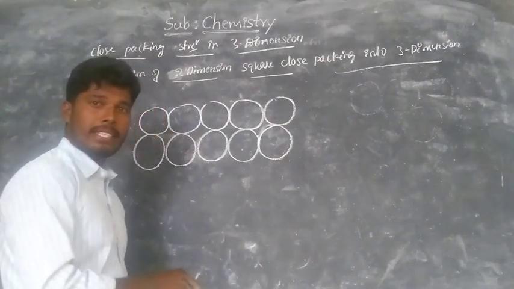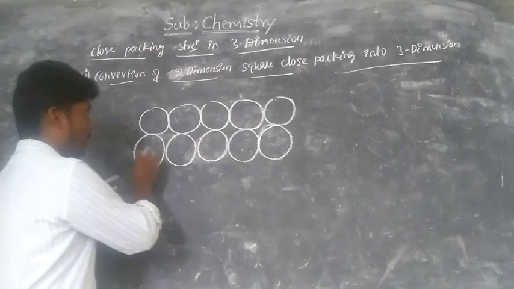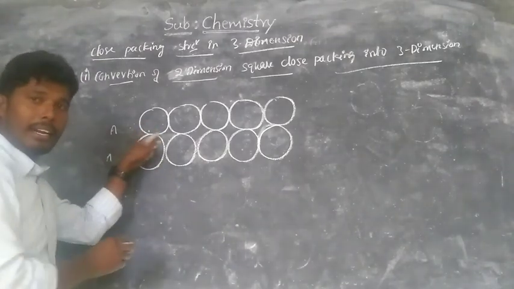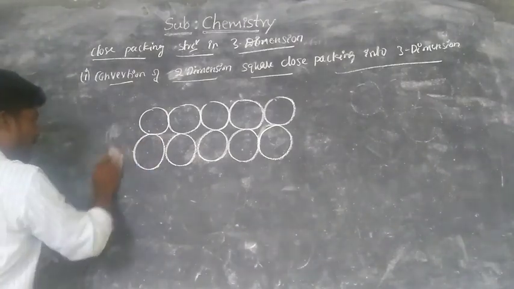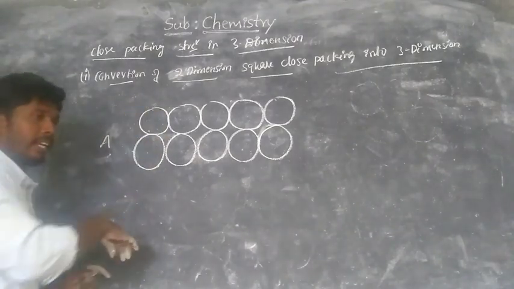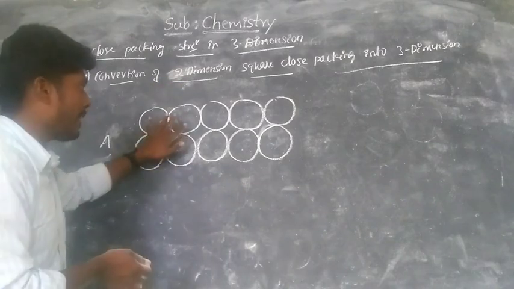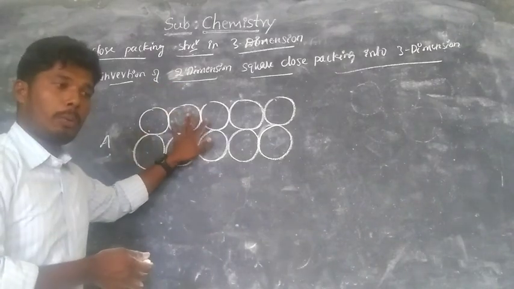In this case, let us assume this is the layer A because all are identical. In this layer A, the second layer is exactly placed over this layer.